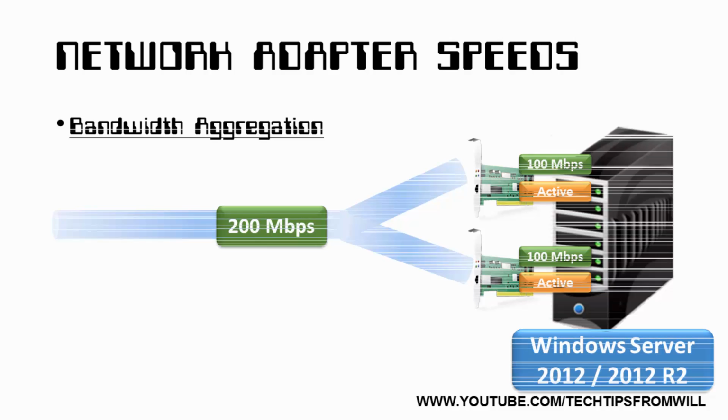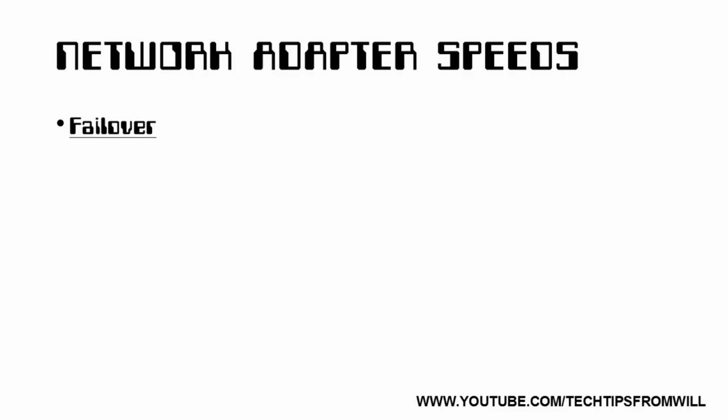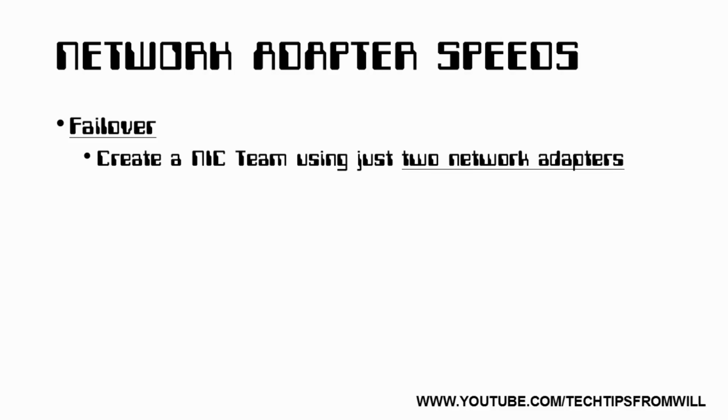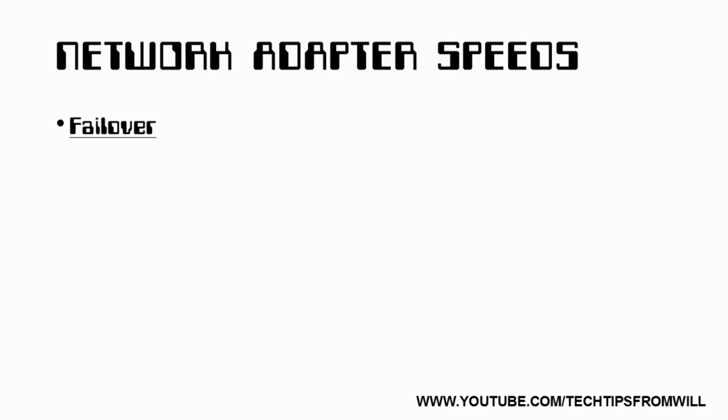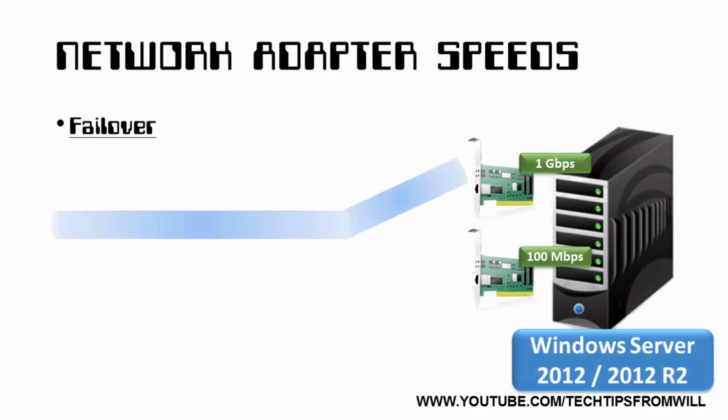On the other hand, if you are interested in failover, the only alternative you have is to create a NIC team that has just 2 network adapters. In this configuration, you should make the quicker of the 2 adapters the active team member, and the slower adapter the standby adapter.